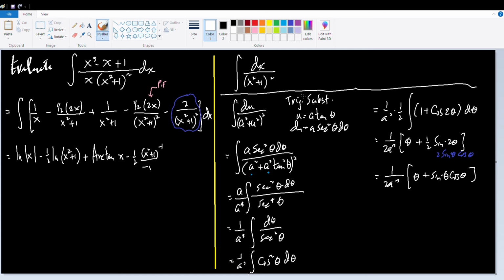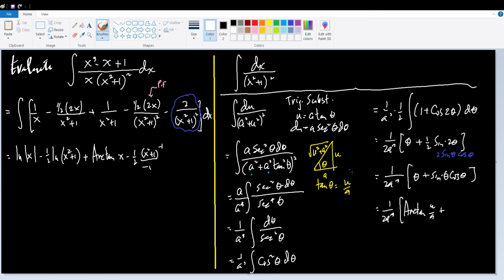So we go back to our substitution. Tangent theta is u all over a. So the hypotenuse is the square root of u squared plus a squared, or a squared plus u squared. From this triangle, we can now define sine and cosine. So 1 over 2a cubed. Theta, of course, is arctangent of u over a.